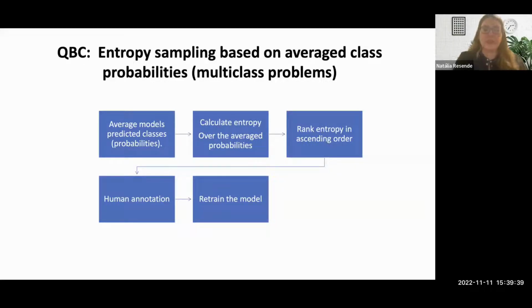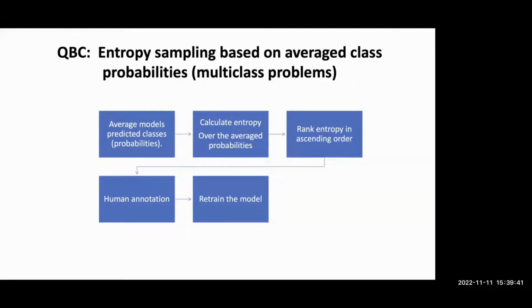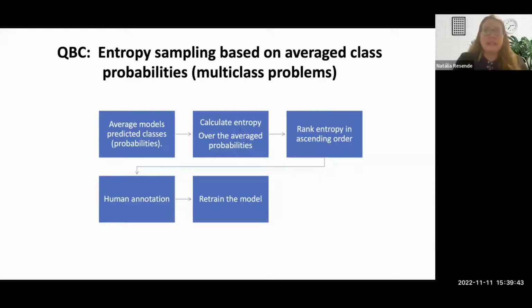Exactly, yes. Thanks. Okay, so let's say that you have 3 models, and these 3 models have different predictions for different instances, right? And then for instance number 1, what we do is we are going to average the probabilities of these 3 models, okay?